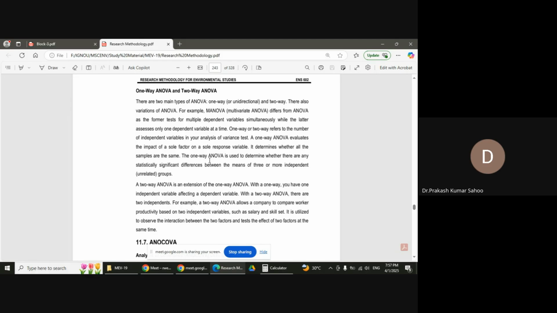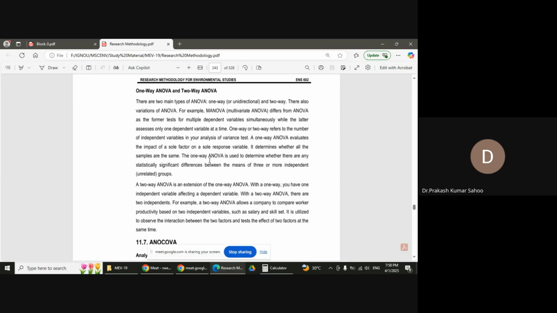The two-way ANOVA is an extension of the one-way ANOVA. With one way, you have one independent variable affecting a dependent, while in two way, there are two independent variables affecting the dependent. For example, two-way ANOVA allows a company to compare worker productivity based on two independent variables such as salary and skill. It utilizes the observation, the interaction between the two factors, and tests the effect of the two factors at the same time.